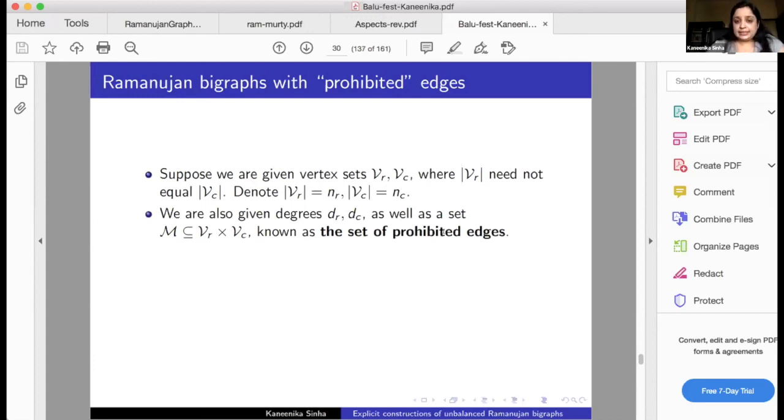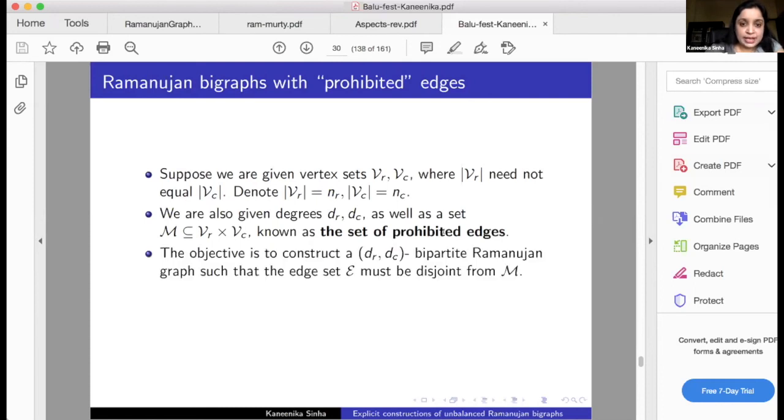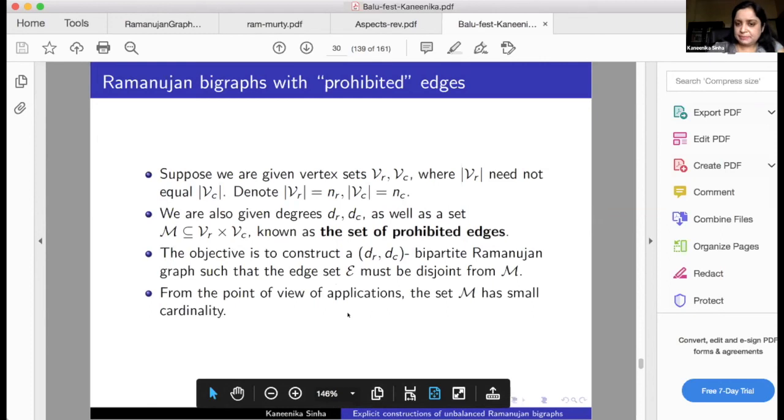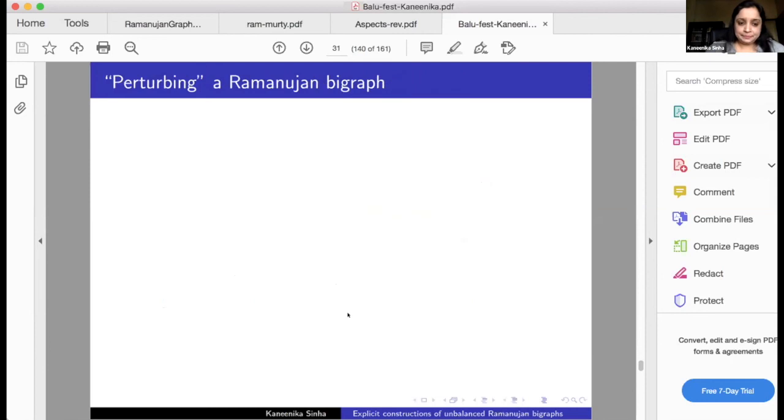Moreover, we are given a set M contained in VR cross VC, which is called the set of prohibited edges. Our objective is to construct a DR, DC bipartite Ramanujan graph such that the edge set of this graph is disjoint from the prohibited set M. From the point of view of applications, we don't need M to be very big. M usually has small cardinality. We'll make this more explicit shortly.